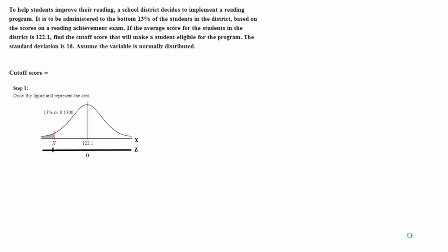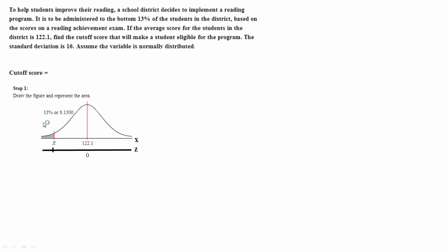The first thing that we want to do is to draw the picture, as we have done in all our cases so far. Our picture consists of the normal distribution curve, and in this case we're looking for the bottom 13%. So where is the bottom 13% of the area under the curve?